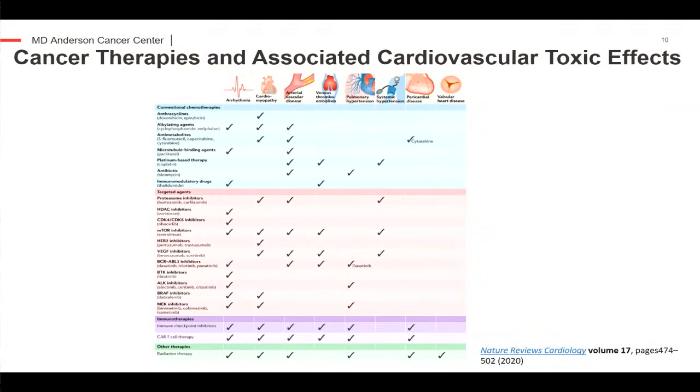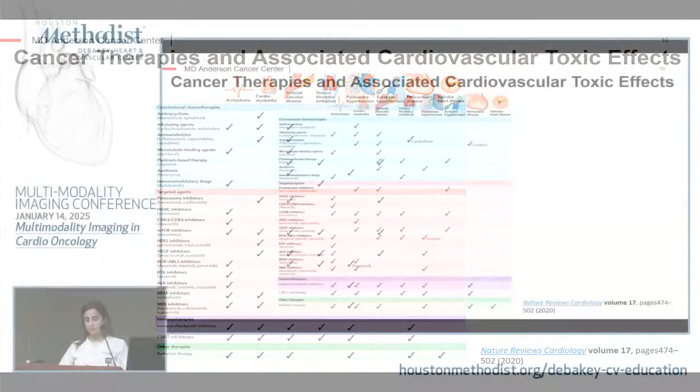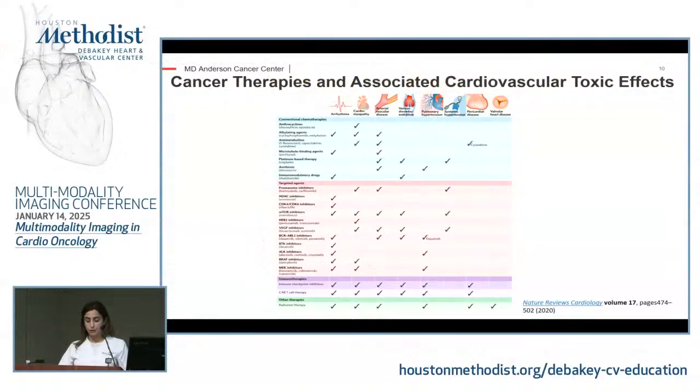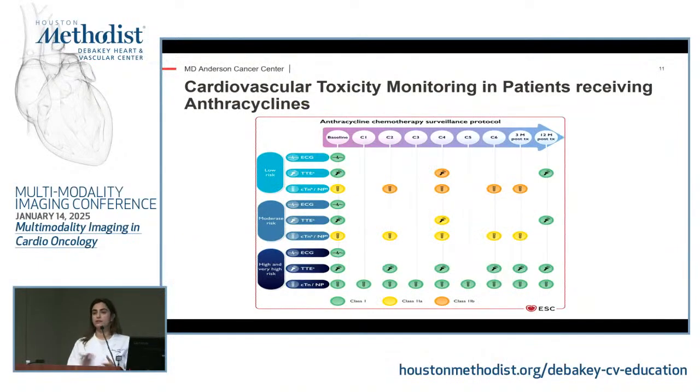But the new frontier in cancer therapies is directed at using the immune system. That's the immunotherapies and the CAR T-cell therapies that are also heavily associated with these cardiomyopathies and a lot of other adverse events. We'll touch upon these via case presentations. This is overwhelming even to look at, but these are the type of things that we're faced with on a regular basis, learning these therapies and treating them.